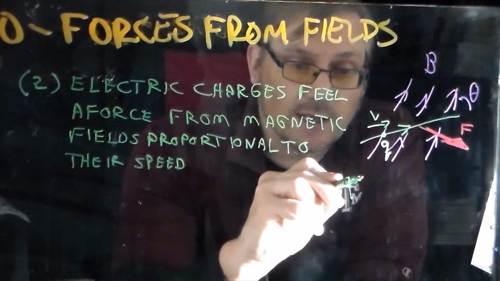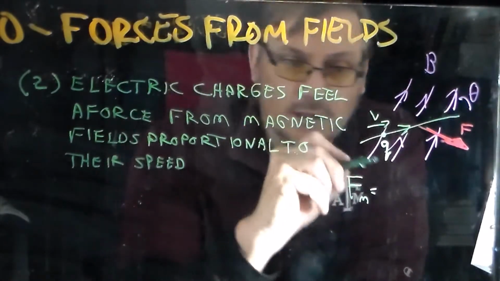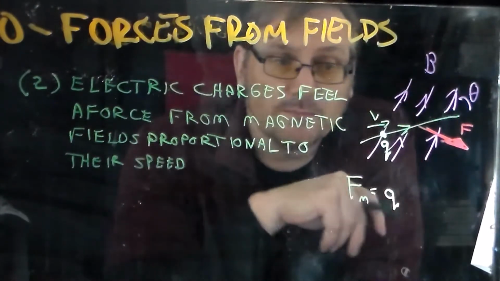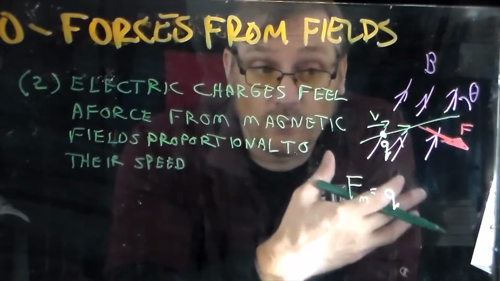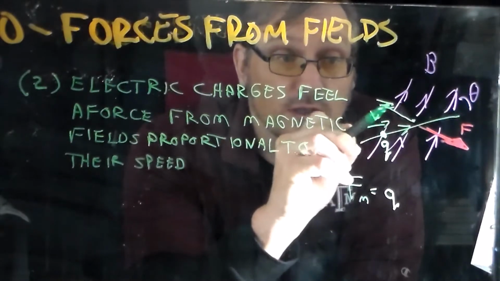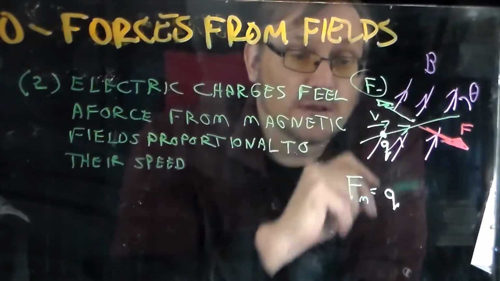So your magnetic force in this case is going to be proportional to the charge. A particle with a larger charge will feel more force. A particle with a negative charge will have a force going out the opposite direction here. So this is for negative charge.